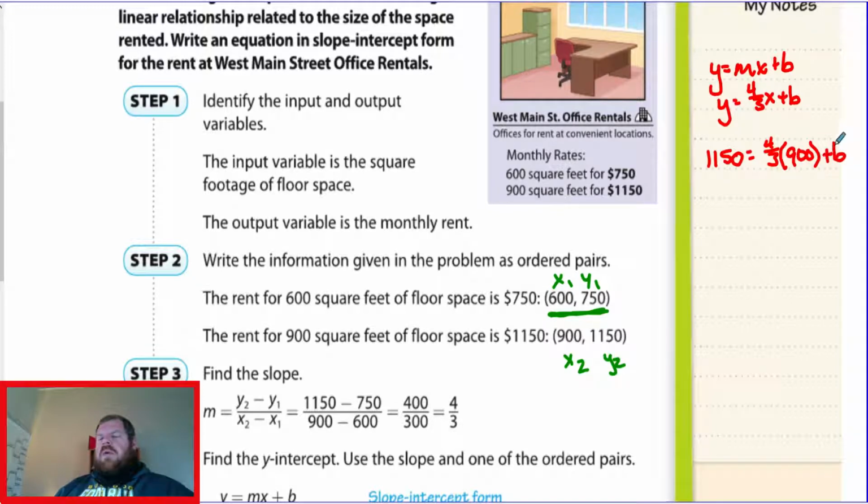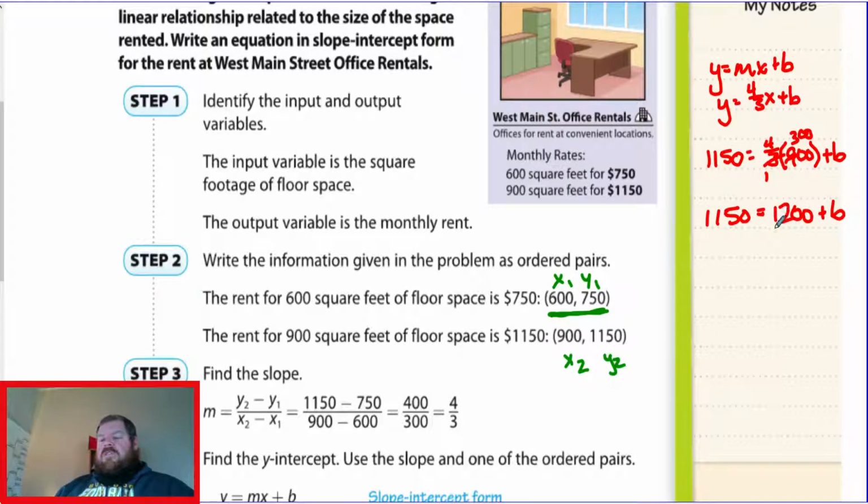And I don't know what that b is, that's what I'm trying to find. So multiplying this, I'm going to get 4/3 times 900. I can do a little bit of cross-reducing. And it turns into 4 times 300, which is 1200. So I have 1150 equals 1200 plus my y-intercept b.